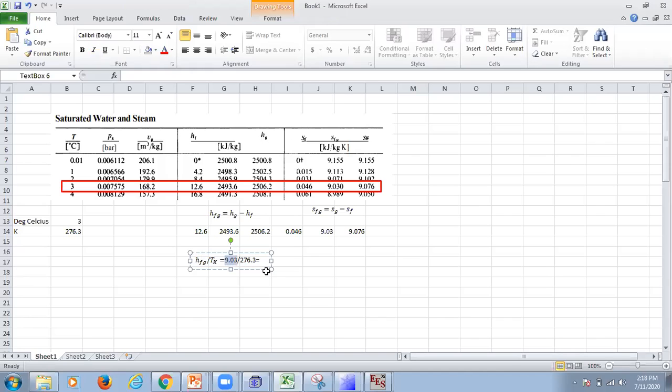So 2493.6 divided by 276.3 is 9.02493, that is 9.025.